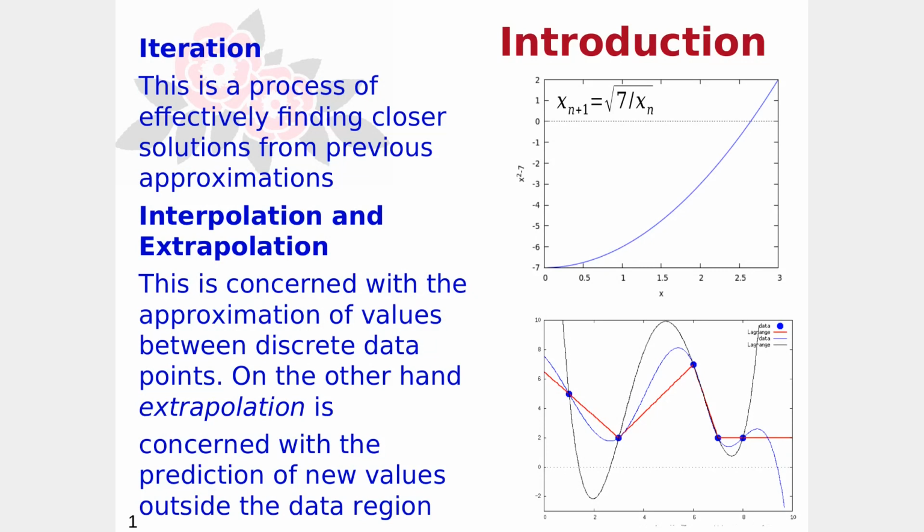Interpolation is concerned with the approximation of values between discrete data points. So for instance, we have 3 different types of interpolation between these points. They fit the points exactly, which is always a telltale sign of an interpolation scheme being used.